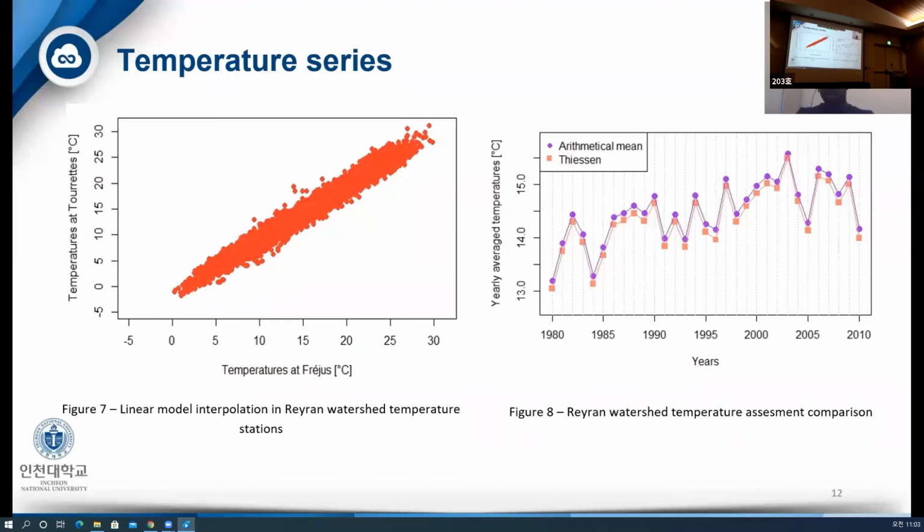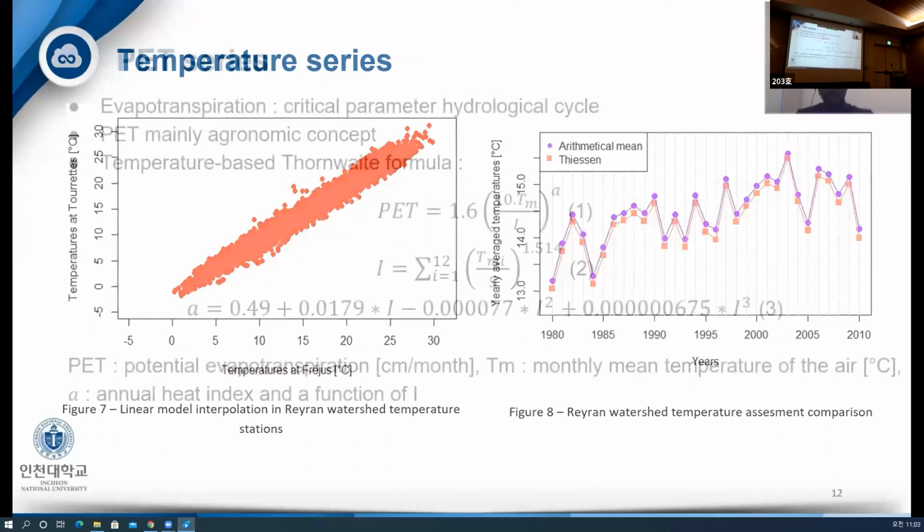Now we can see that when we compare the arithmetical method and the Thiessen method, the Thiessen method estimates the temperature lower than the arithmetical mean. This is because Tourette is nearby mountains, so the temperature is lower than by the sea, as in Fréjus, for instance.